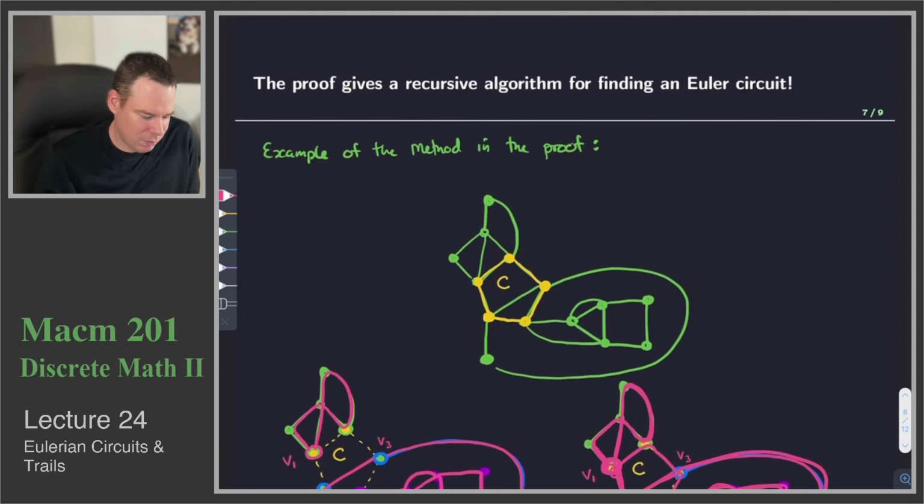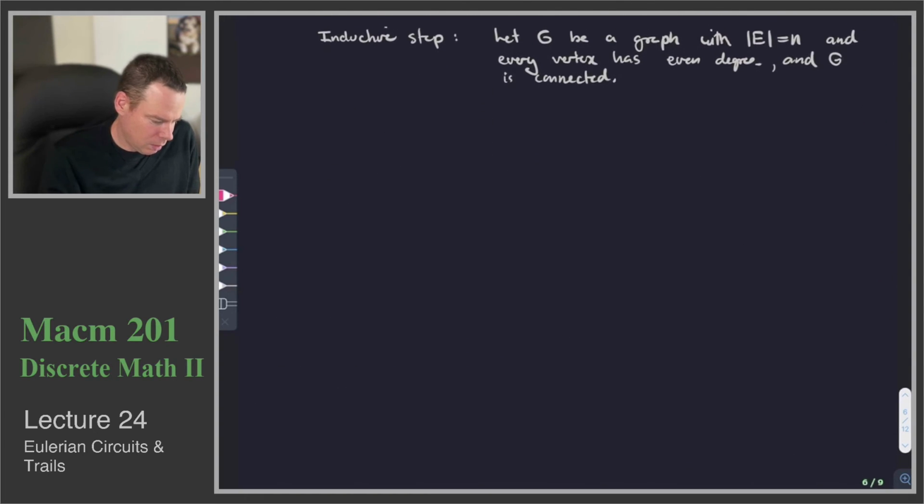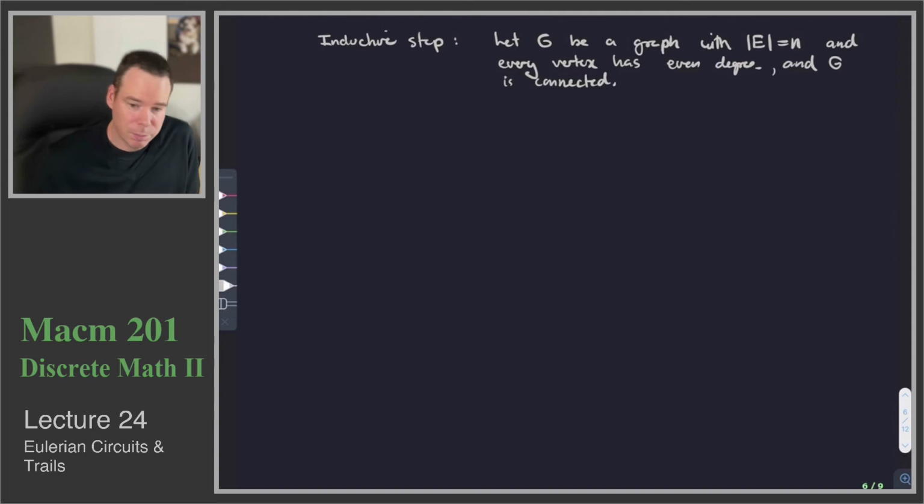This is the kind of picture you should have in mind while we're doing our write-up for our proof. And I will warn you, this is going to be a long write-up because we have to describe that entire process. So the first thing we had to start with was that cycle. So we've got by Lemma 6.2.1, G has a cycle.